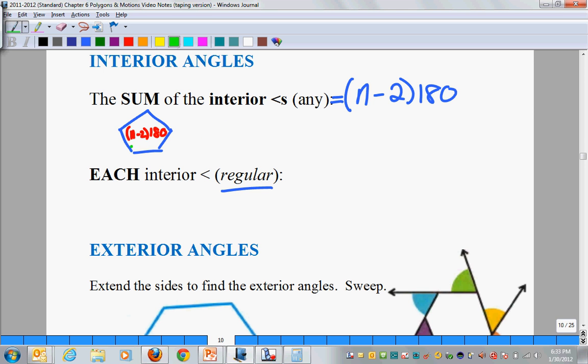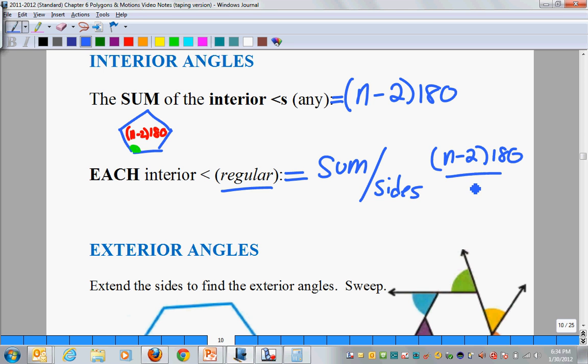But if I wanted a single angle here and I knew all the angles were the same, for that I'm going to do the sum divided by the number of sides, which in this case is going to be n minus 2 times 180 over n. That's the sum over sides. That's for the interior angles.